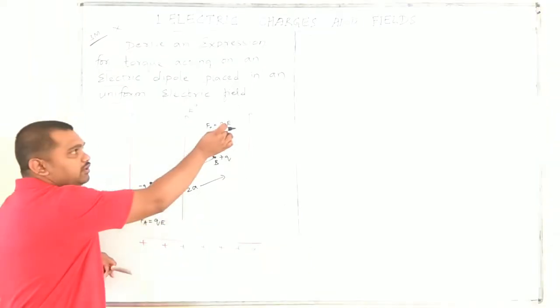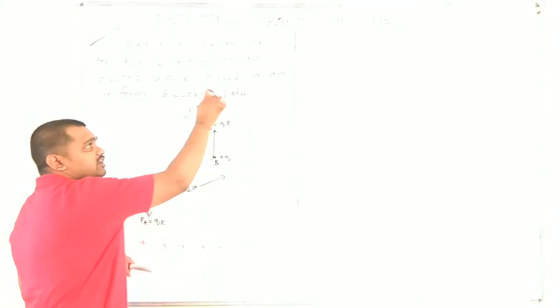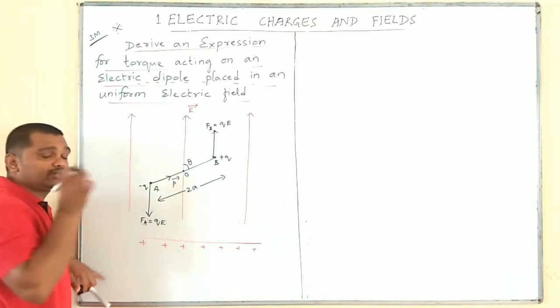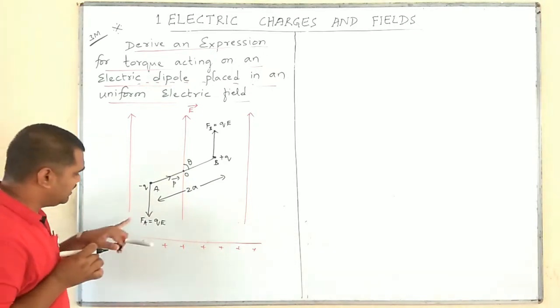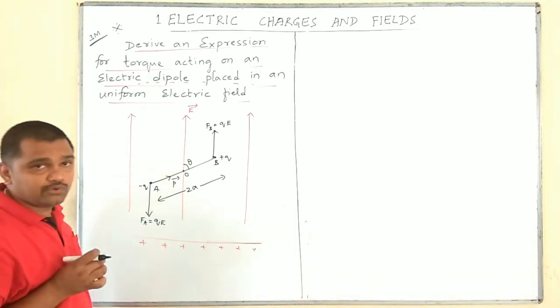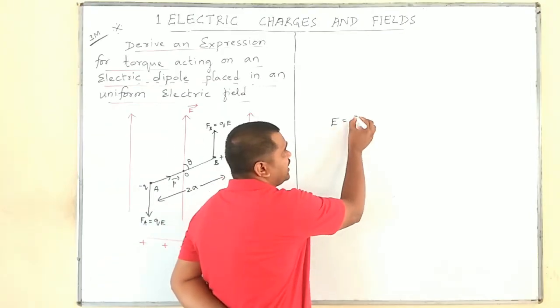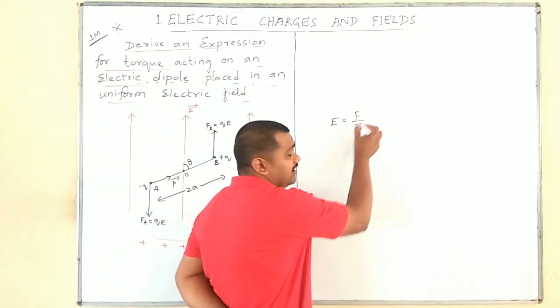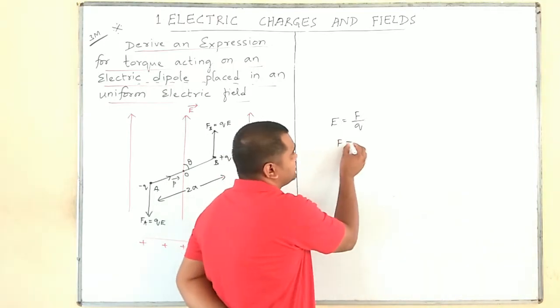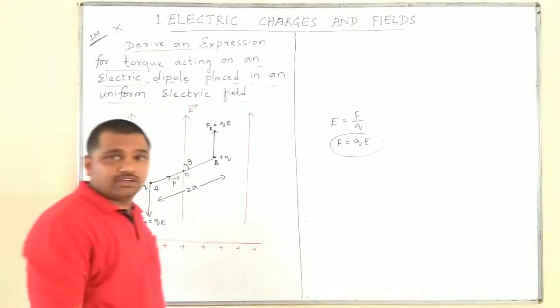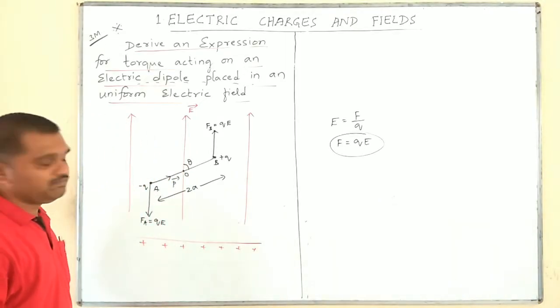This QE is along the direction of the electric field, but this QE is opposite to the direction of the electric field. How can we take F equals QE? Electric intensity at a point is the force experienced by the charge, therefore by cross multiplication, F equals QE.